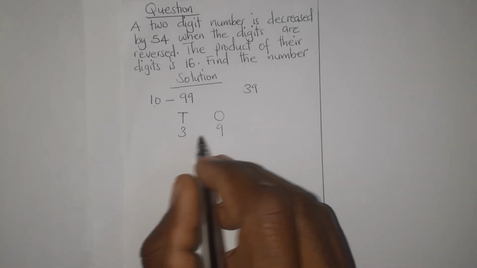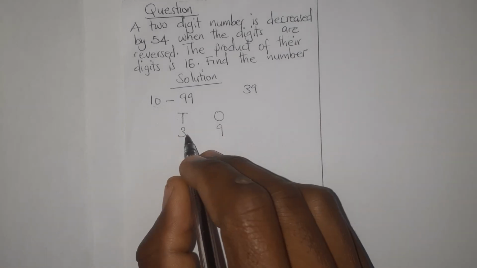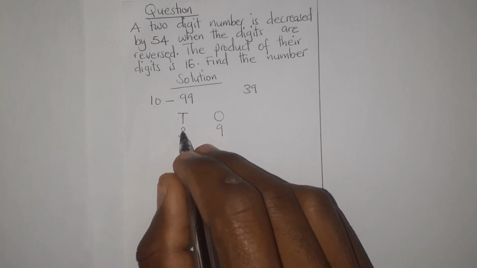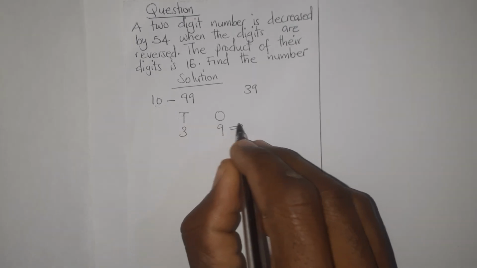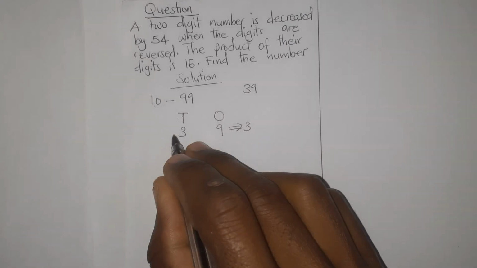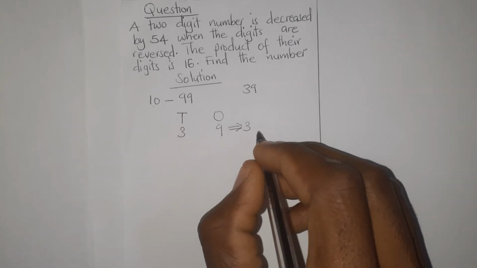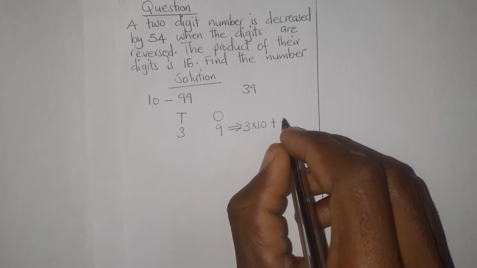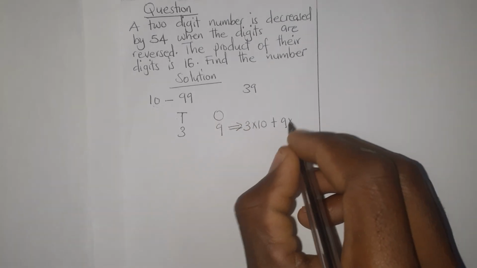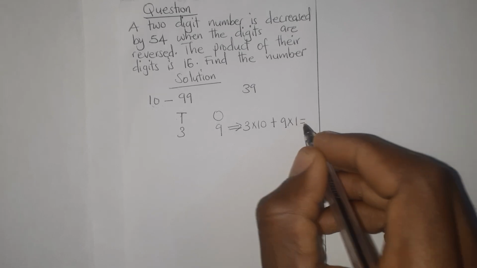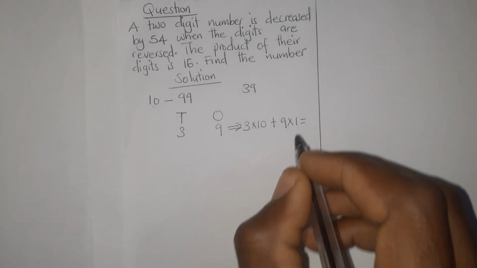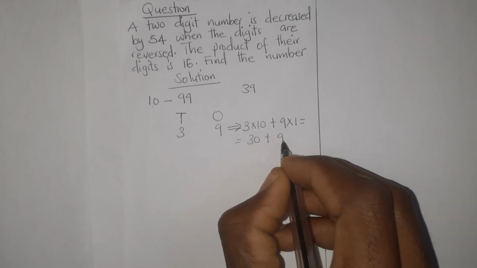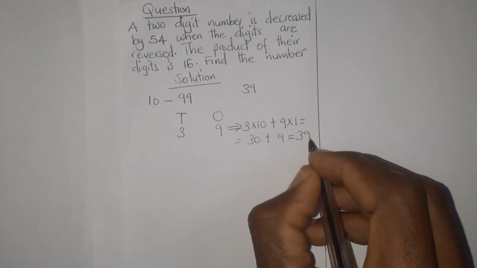Now, how can we get 39 using this? 39 is 3 times 10 plus 9 ones, which is 30 plus 9, giving us 39.